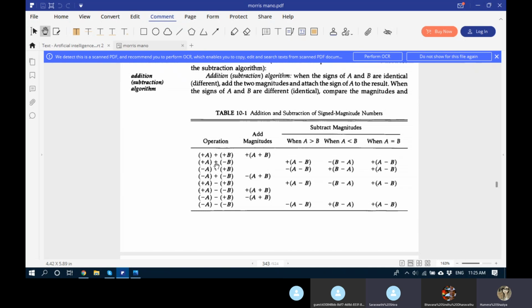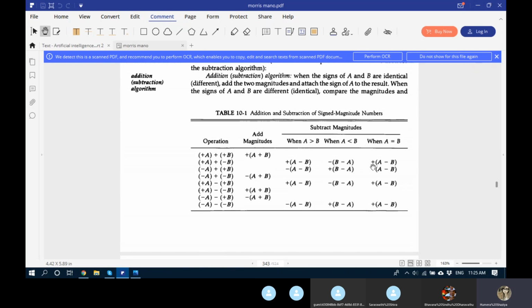What will be the sign of the result? That is determined when you compare the magnitudes of both the operands. When A is greater than B, then the result is positive. When A is less than B, the result is negative. When A and B are equal, then the result must be positive.